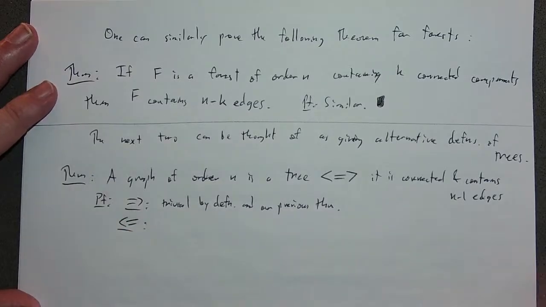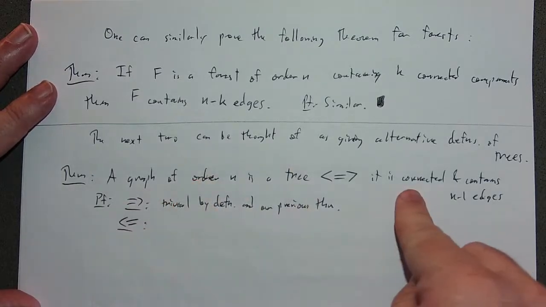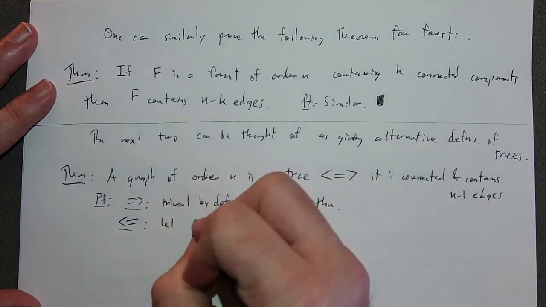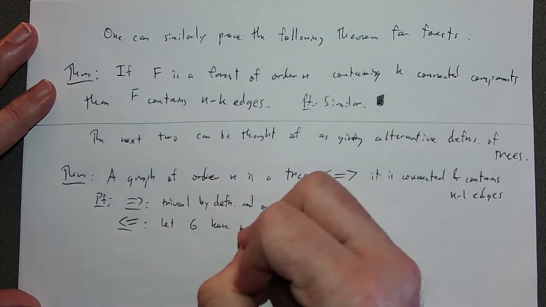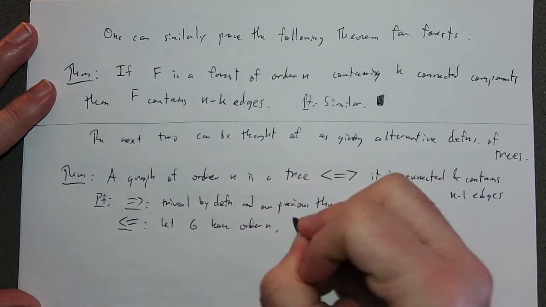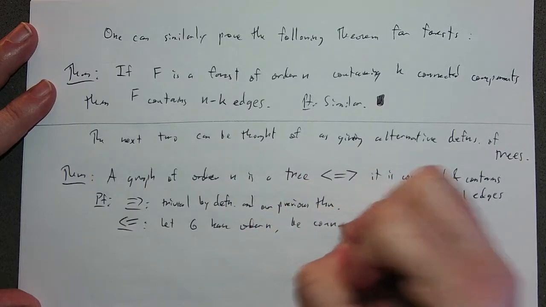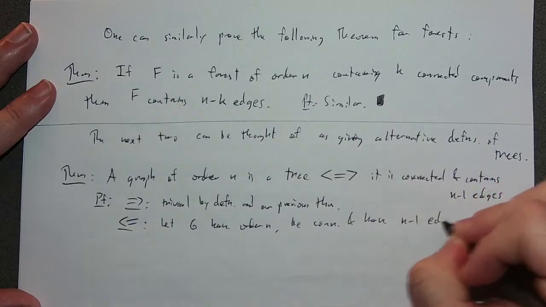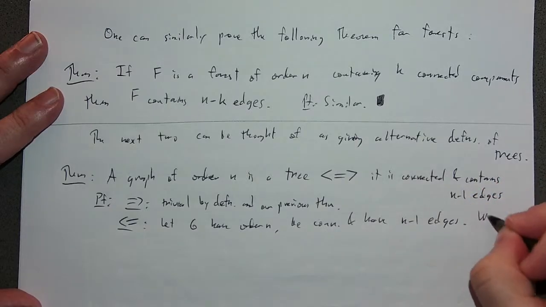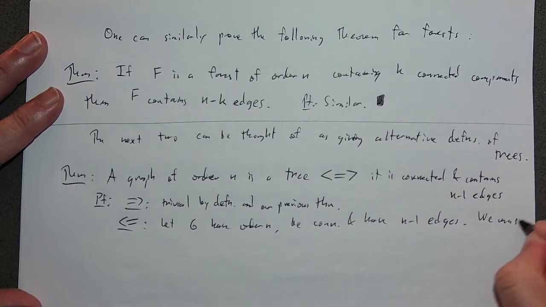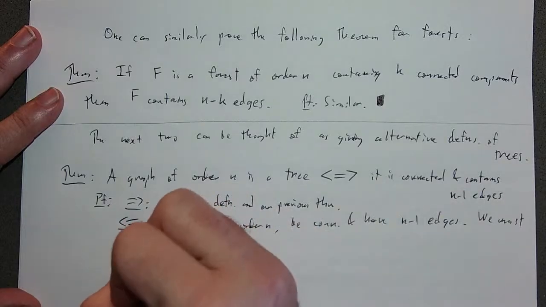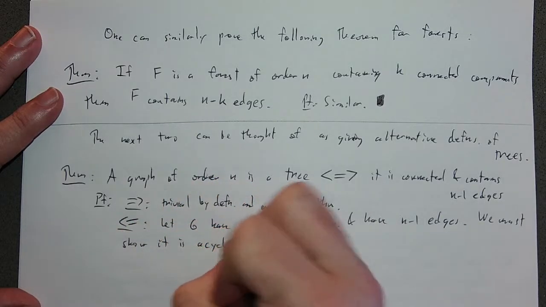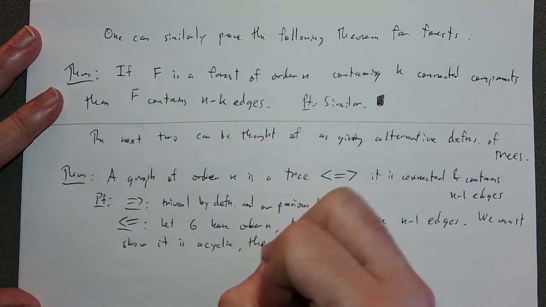This is the interesting one. So let G be a graph of order n and say that it is connected and contains n minus 1 edges. We must show it is acyclic. That's the only thing missing. Therefore, a tree by definition.